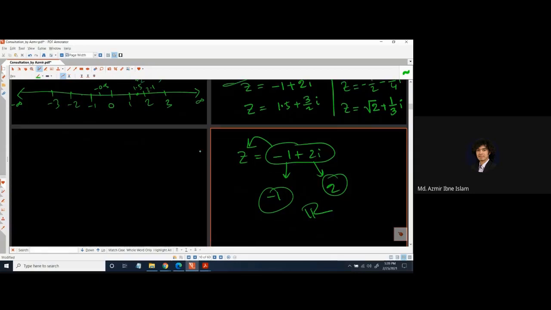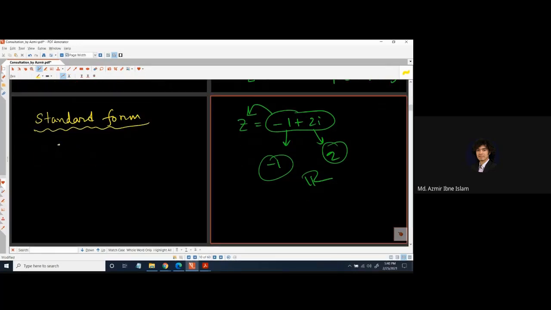So we have to know what is the standard form of a complex number. The standard form of a complex number is z equal to x plus yi, where x and y are coming from real numbers. That means x, y belongs to the real number set. So this is the standard form.